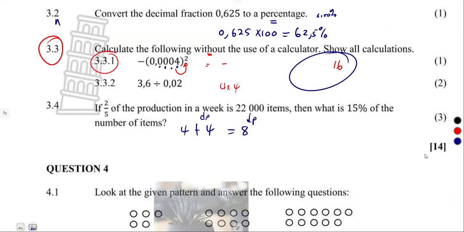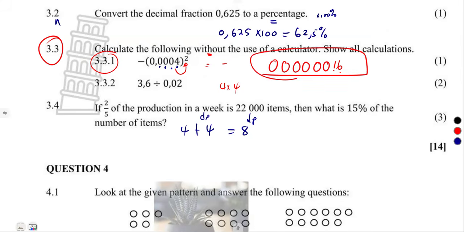So our answer is supposed to have 8 decimal places. So let's count 1, 2, 3, 4, 5, 6, 7, 8. These are decimal places, the ones that you obtain after the comma. So the answer is going to be minus 0, this, just like that. So you have to know the number of decimal places that you have.